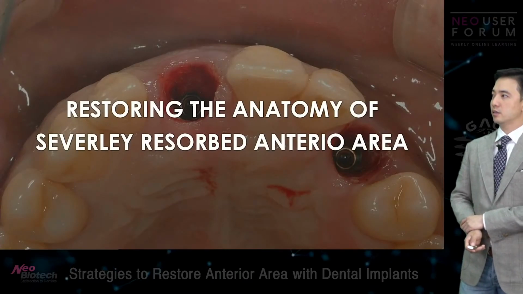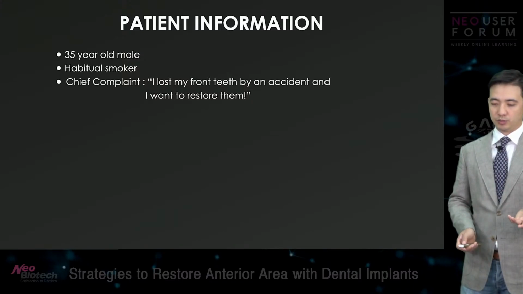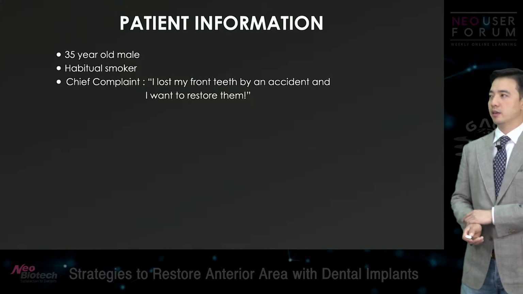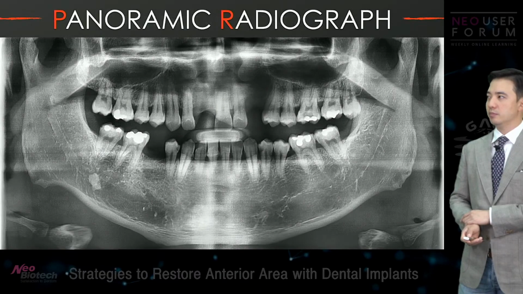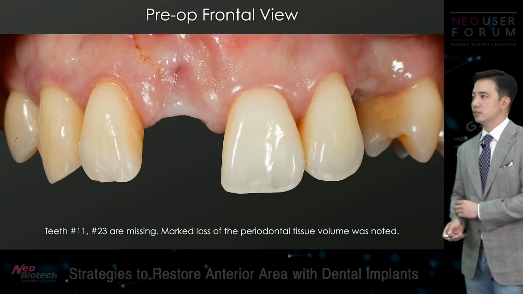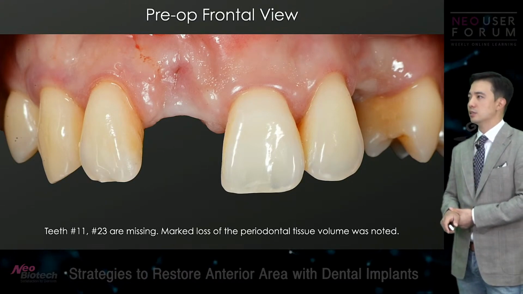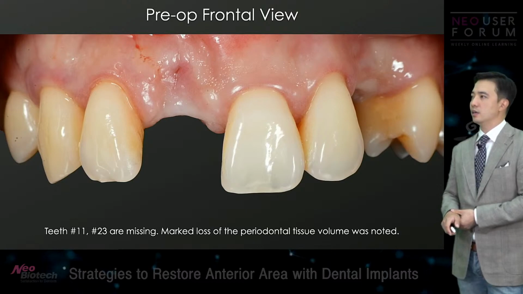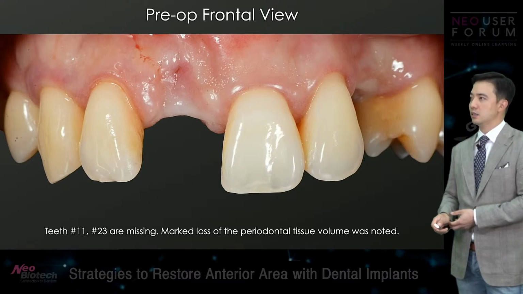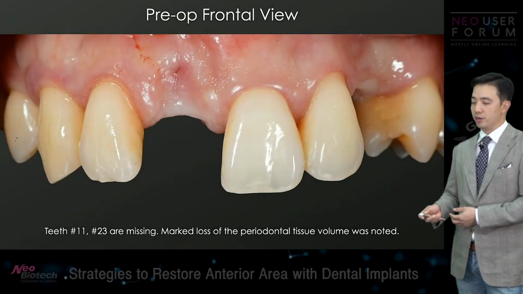Okay, so another case. Those cases that I showed you didn't have really marked bone resorption, but look at this case. So a patient comes in, mid 30s, a gentleman. He had some accident, and then he lost number 11 and 23.